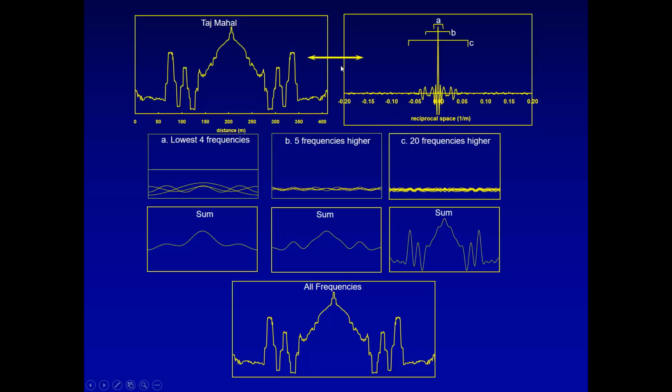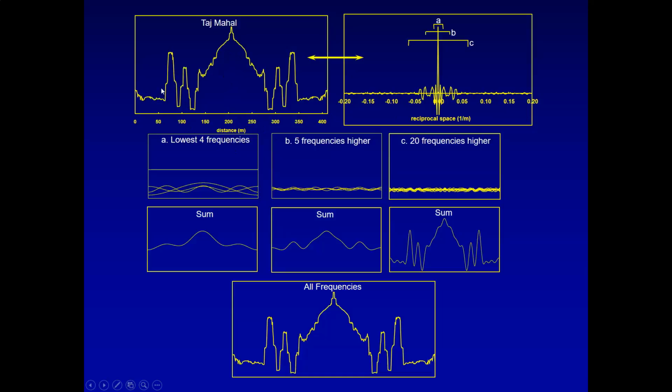We do a Fourier transform and go back to real space, because remember, a Fourier transform goes between some set of units and its inverse. So we acquire our spectroscopy data in time, and we do a Fourier transform and we look at it in terms of frequency, which is 1 over time. Here we acquire our data in units of 1 over distance, and we see our pictures as distance.